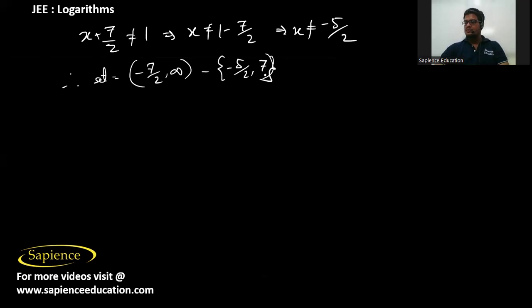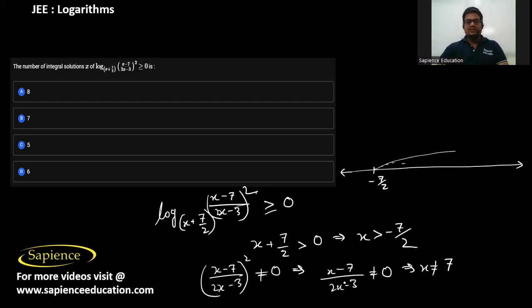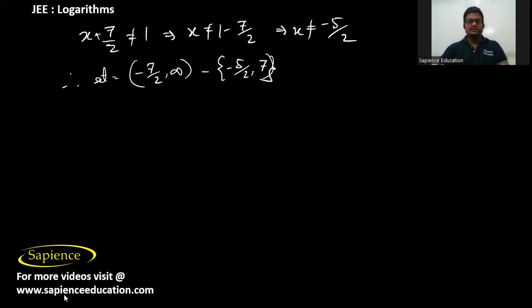And then the denominator also should not be 0, so 2x should not be equal to 3. So x should not be equal to 3 by 2 also. So we have to exclude these values. So minus 7 by 2 to infinity, excluding minus 5 by 2, 3 by 2 and 7.